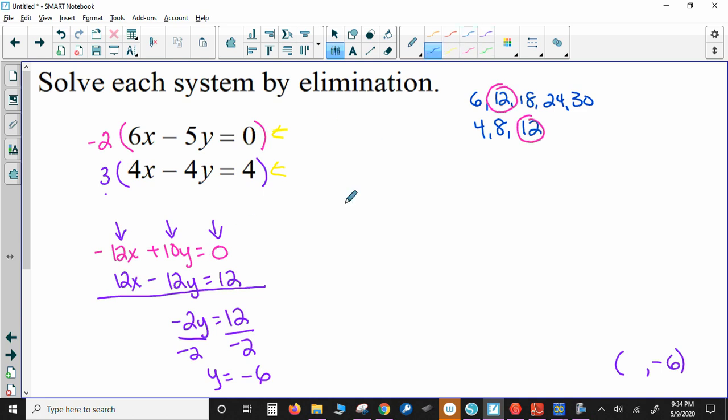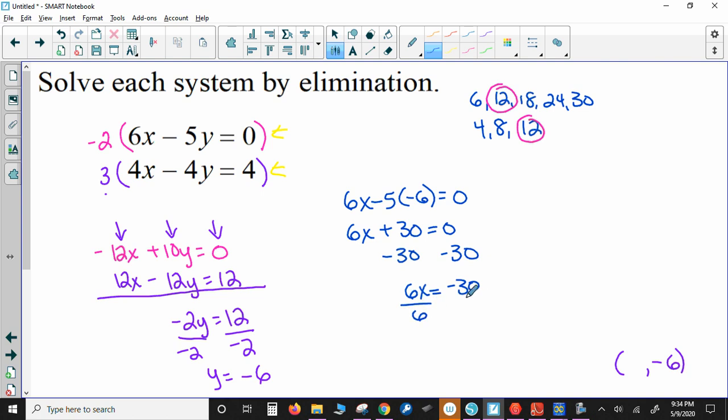So I'm going to say 6x minus 5 times negative 6 is equal to 0. 6x plus 30 equals 0. I'm going to subtract 30 from both sides. 6x equals negative 30. Divide both sides by 6. Negative 30 divided by positive 6 gives me negative 5. Watch your signs. So my final answer is negative 5 comma negative 6.